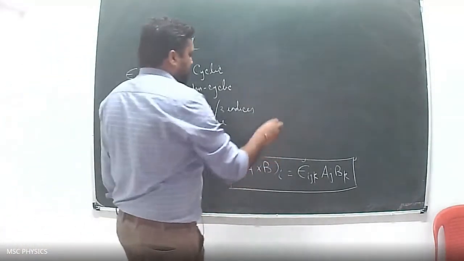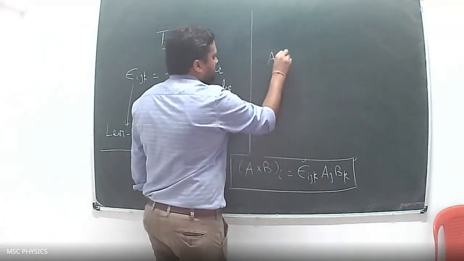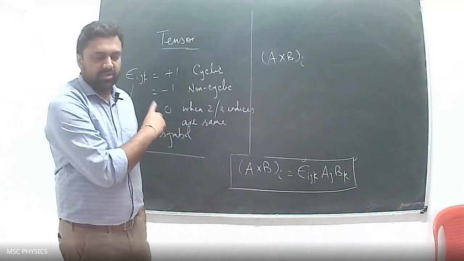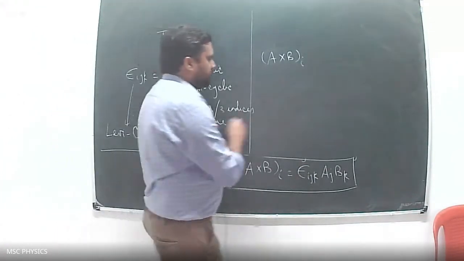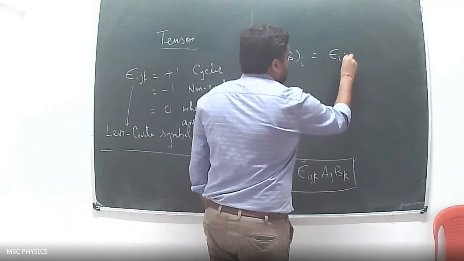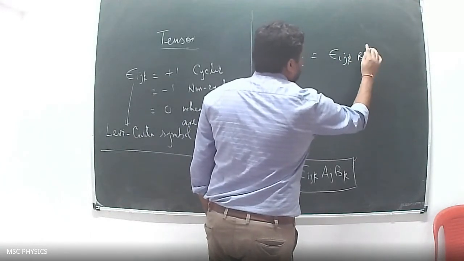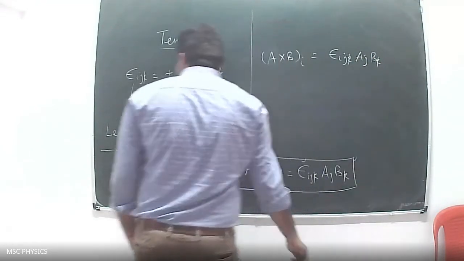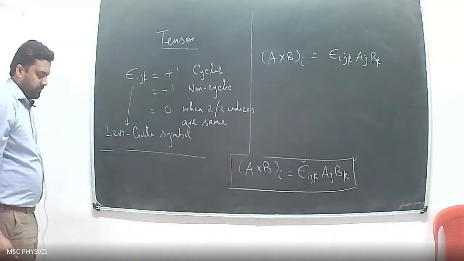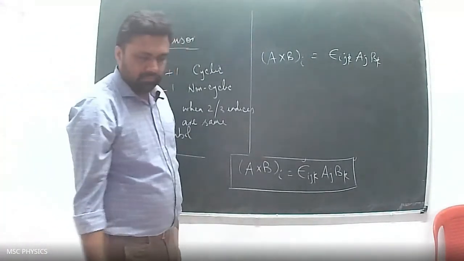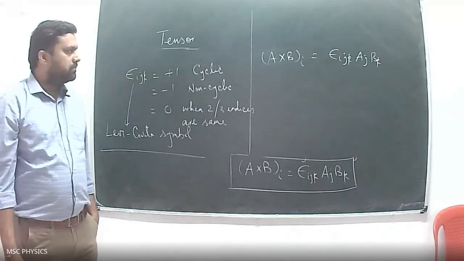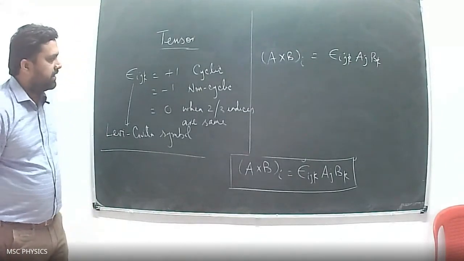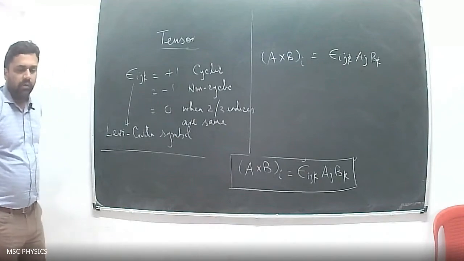So be careful now. This is just a practice exercise, so you should participate. A cross B is a vector. I am taking its ith component. This will be epsilon ijk, aj, bk. Which index is repeated here?